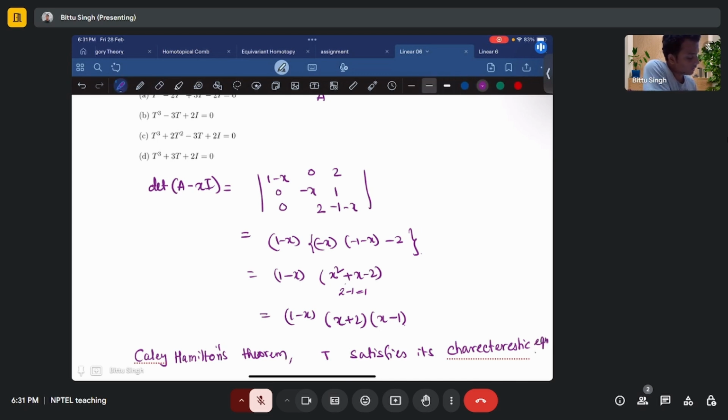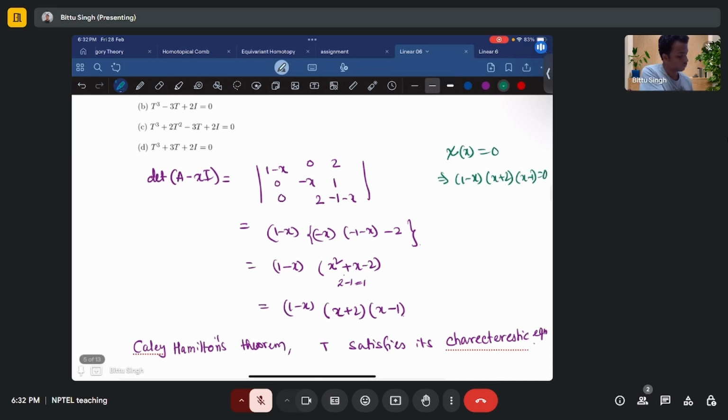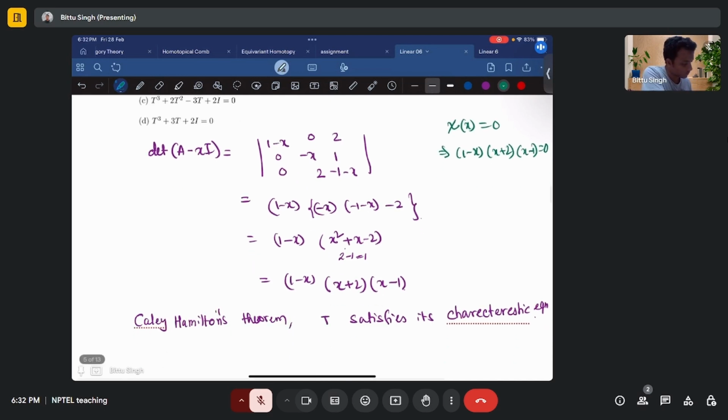So here the characteristic polynomial chi(x) is (1 minus x)(x plus 2)(x minus 1), and chi(x) equal to 0 is the characteristic equation. So T will satisfy this equation.